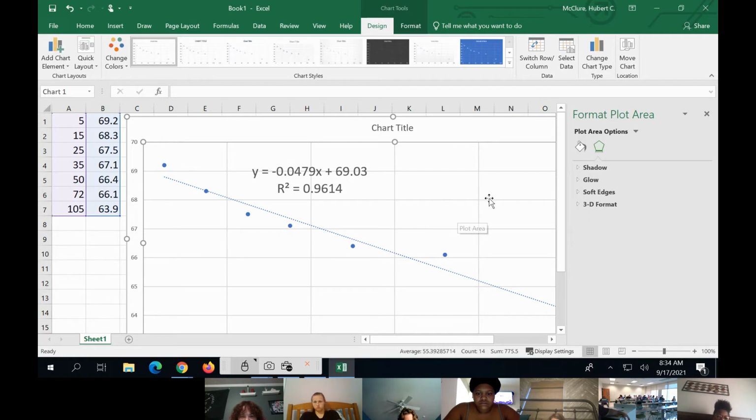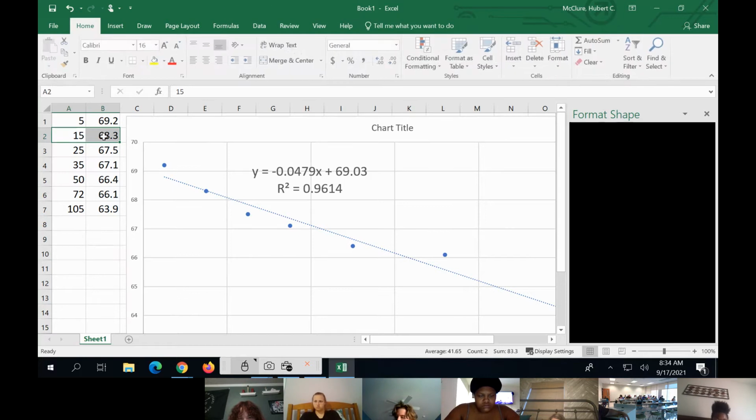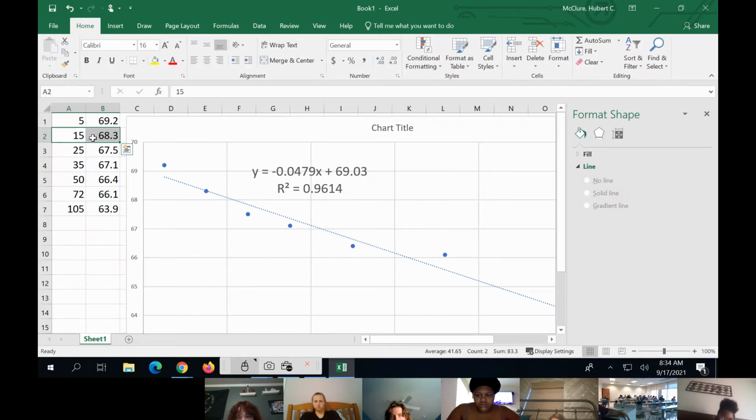So let's do that. Let me look at this. Where's two good points? The two closest points is that point right there. That's the fourth point, the fifth point, and the second point. So write down 15 and 68.